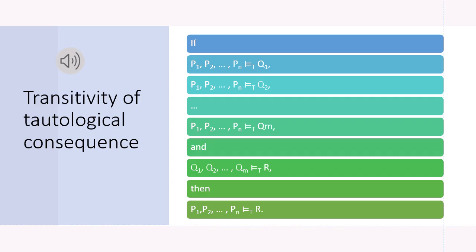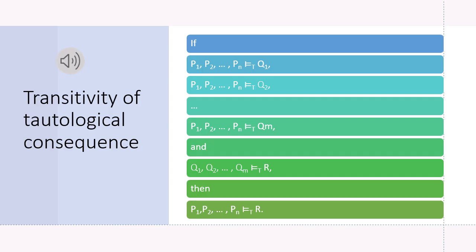And we're assuming that Q1 is a tautological consequence of those premises. In other words, anytime P1 through Pn is true in a truth table row, then Q1 had to be marked as true as well. And likewise, the same is true of Q2 and Q3 all the way up to Qm.